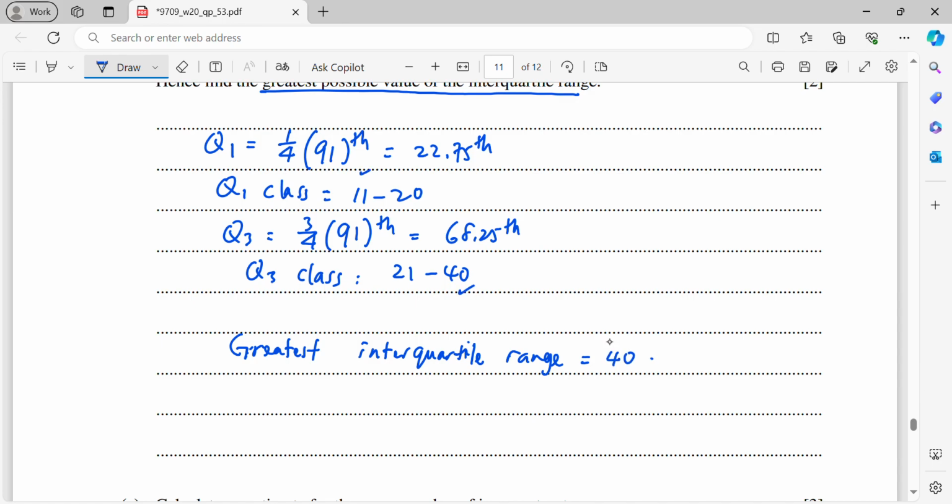So 40 minus 11, which is 29. Because the interquartile range is basically Q3 minus Q1, and now you need the greatest interquartile range, so we take the highest Q3 minus the lowest Q1.